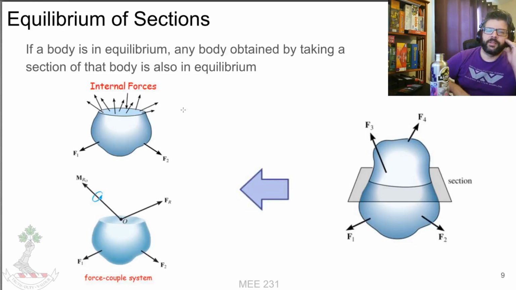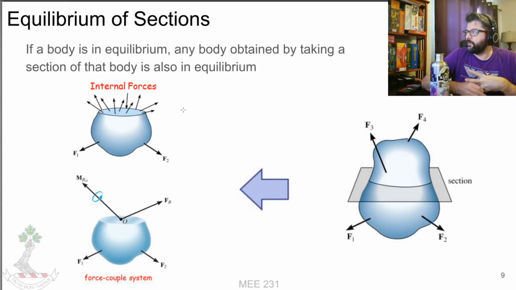So one of the keys here is equilibrium of sections. We describe internal loads by taking imaginary slices of the structure and just figuring out what sort of forces would have to be applied to the face that we just cut in order to keep that half of the structure in equilibrium.